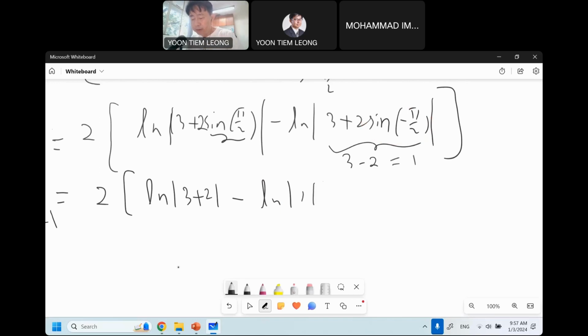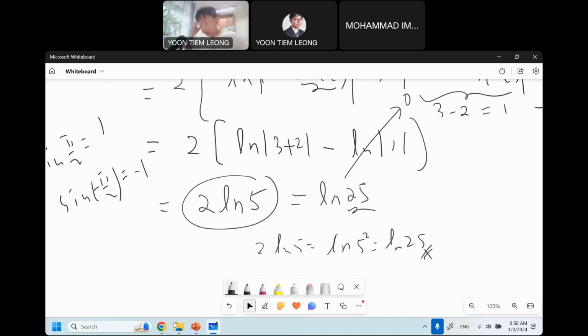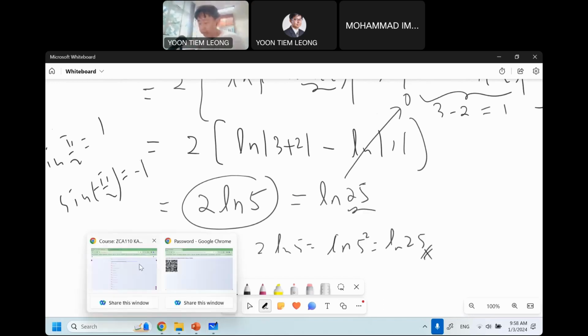So I have the log of 1, and log of 1 is simply equal to 0. After this, I write this as 2 times log of the absolute value of 5. So this is my result, 2 times log of 5, which is log of 25. That is the result I obtained.